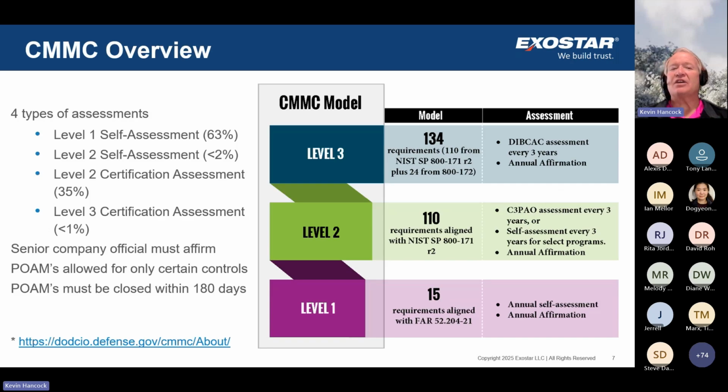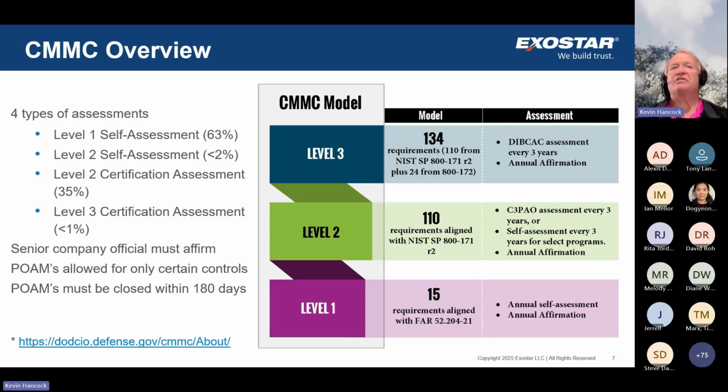Now, when it does go into effect, this is what it's going to look like. CMMC defines 3 levels: level 1, level 2, and level 3. With each of those levels, you have different requirements, and they are wrapped around what you need to do around cybersecurity in your organization. Now, if you are the majority of the defense industrial base, you're only going to be required to be level 1, right?